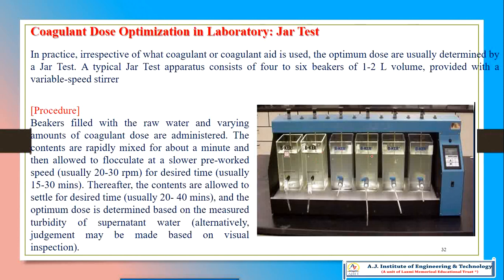Consider this a beaker. There will be 1, 2, 3, 4, 5, 6 beakers provided, and this is one display provided. This may work on a sensor basis also because the RPM is fixed.